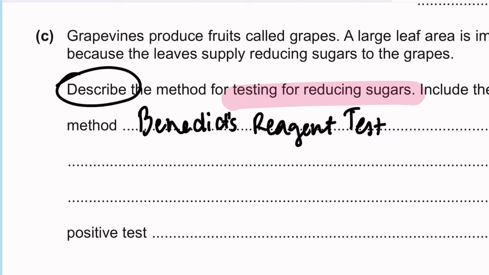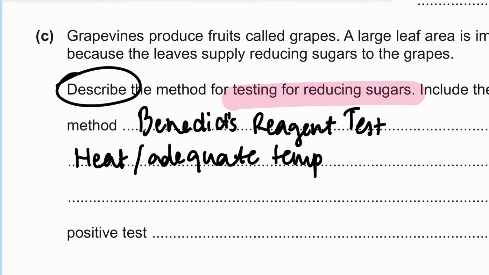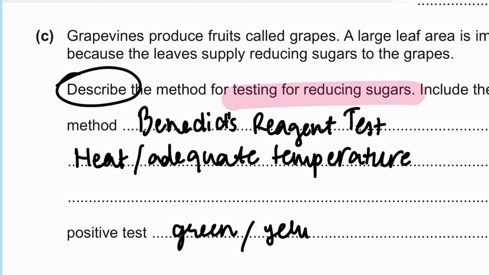And it's describe, so you need to mention another thing, which is basically heat or adequate temperature needs to be applied with the reagent itself. A positive result is always a color, so the color generally will be greenish yellow.